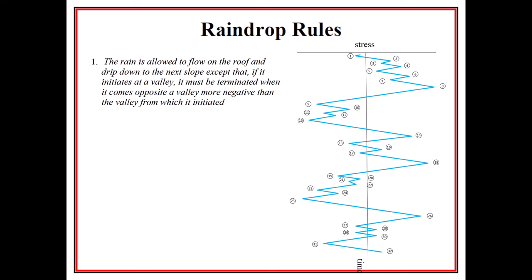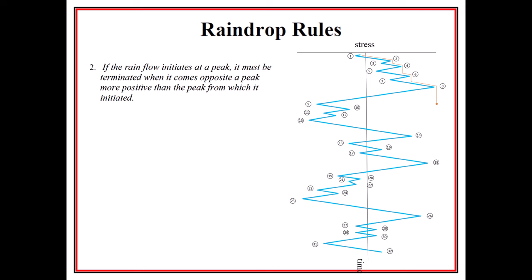Rain is allowed to flow on the roof and drip down, except that for some magical reason it can't get past a point if it encounters a valley that has a larger magnitude, or is more negative, than the original one. So if you start at 1 and you start looking down, you'll see that 3 isn't as low, 5 isn't as low, 7 isn't as low, but 9 is lower than 1. So that first raindrop has to stop at 9.